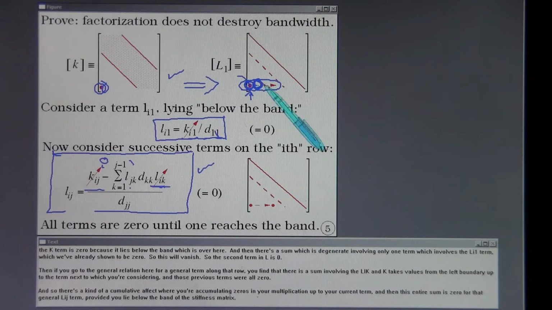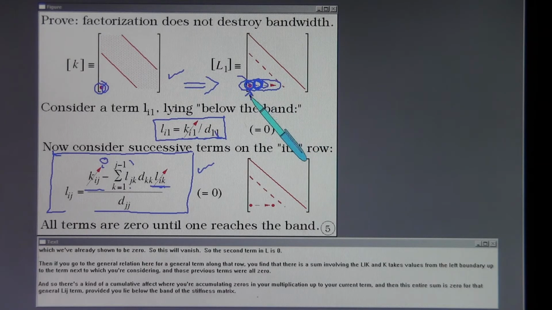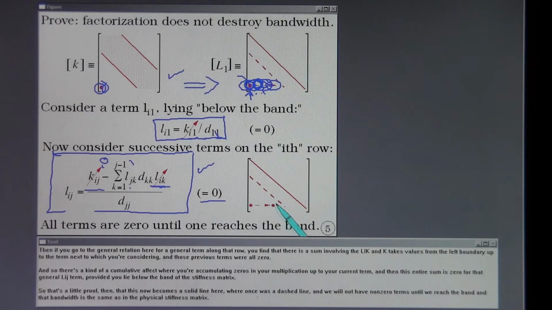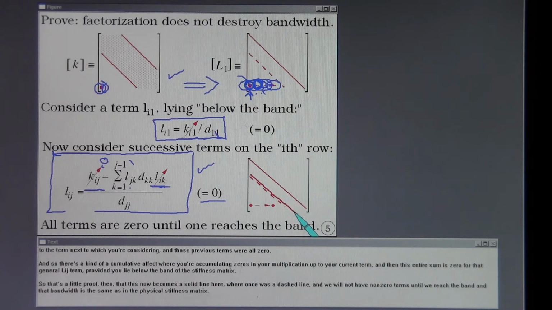So there's a kind of cumulative effect where you're accumulating zeros in your multiplication up to your current term, and then this entire sum is 0 for that general Lij term, provided you lie below the band of the stiffness matrix. So that's a little proof that this now becomes a solid line here where once was a dashed line, and we will not have non-zero terms until we reach the band, and that bandwidth is the same as in the physical stiffness matrix.